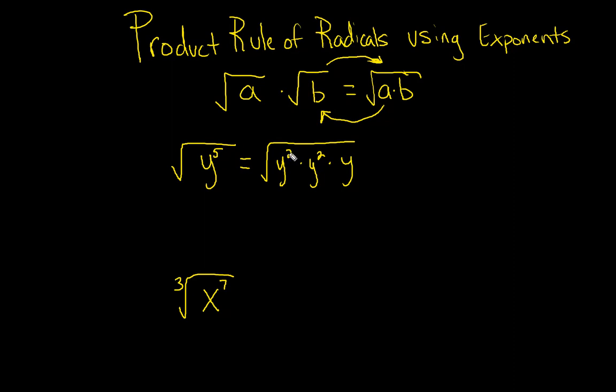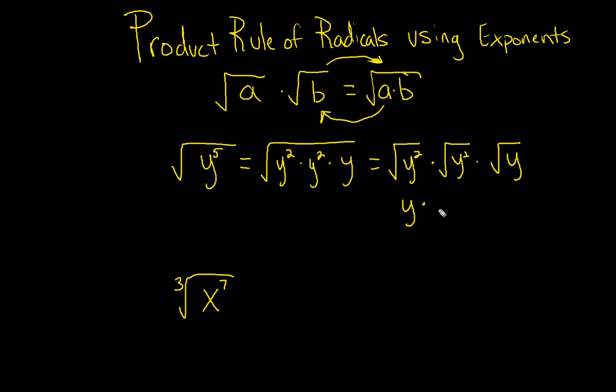And the reason I chose to break them down into squares is because they are perfect squares and we're taking the square root. So if we break this apart again using our rule of radicals, we can break this down into the square root of y squared times the square root of y squared times the square root of y. Now, taking the square root of y squared, that leaves us with just y.